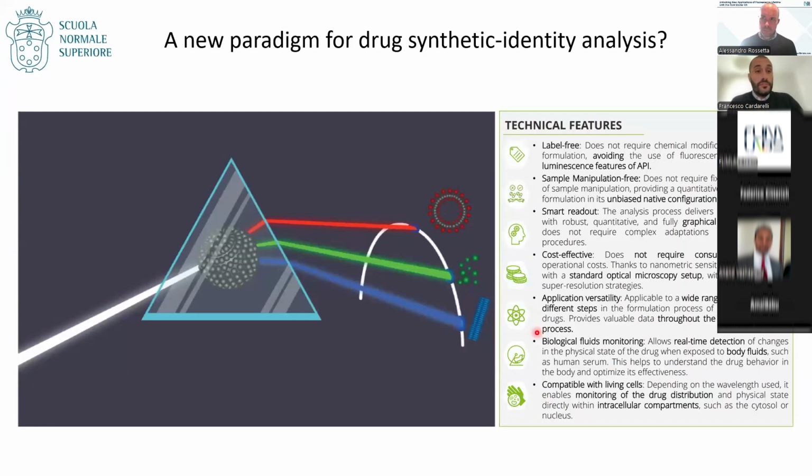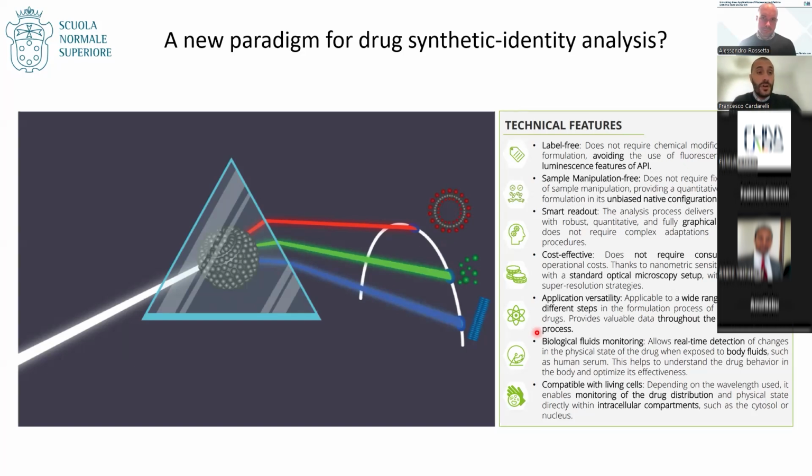I would like to briefly point out that this kind of technology applied to nanomedicine is label-free. You're exploiting the intrinsic signal from the drug. But the FLIM Starter Kit is making this technology also sample manipulation-free, smart, fast, cost-effective, because the measurement and the interpretation, as you could appreciate, is in real time and fully graphical and fit-free.